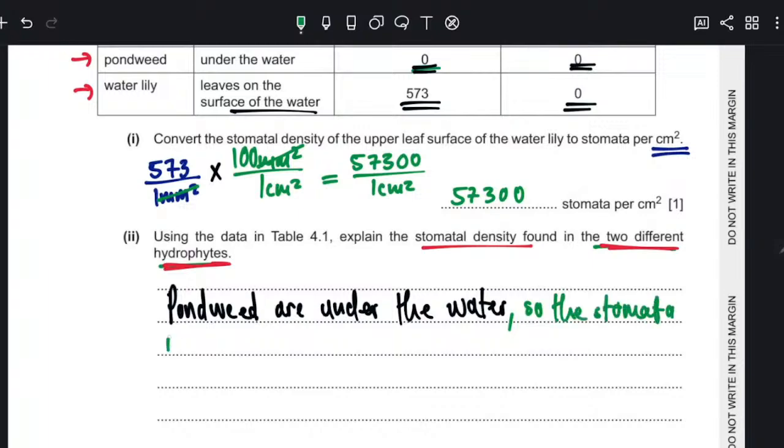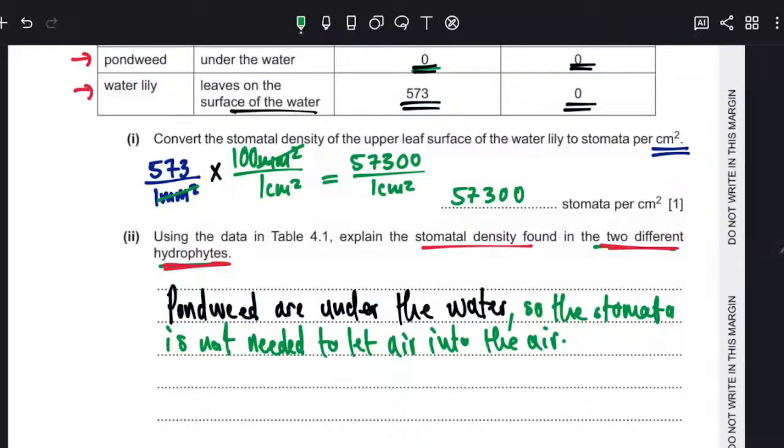So the stomata is not needed to let air into the leaf, because this thing is fully in water. Stomata is never found where there is water, inside water. It doesn't make sense. How will the gas exchange happen?